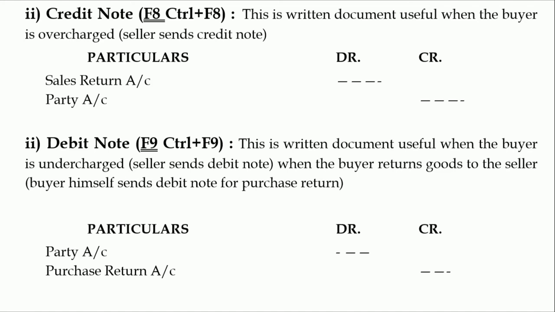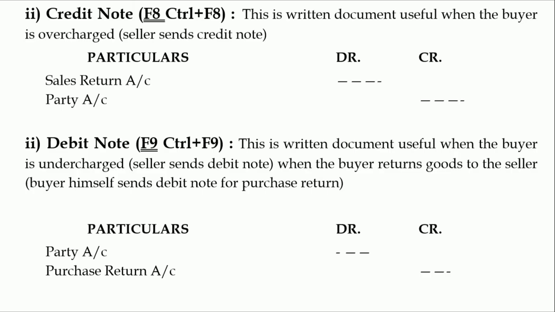Maybe for example, if I am the customer, I will send a purchase return, that is a debit note, and I will intimate that creditor I am returning some goods, maybe which are defective. Then purchase return account credit, party account debit.